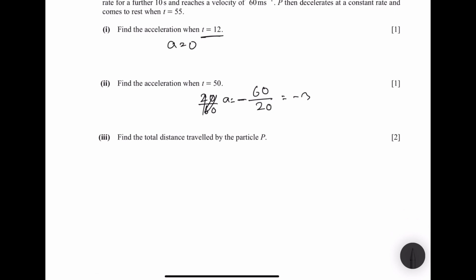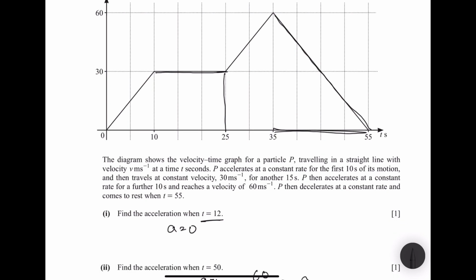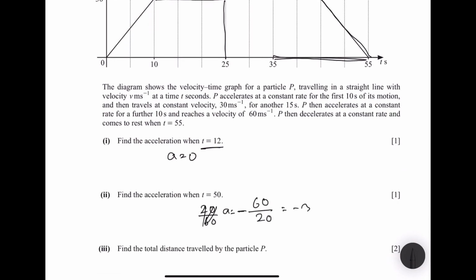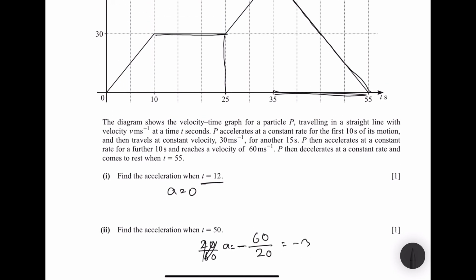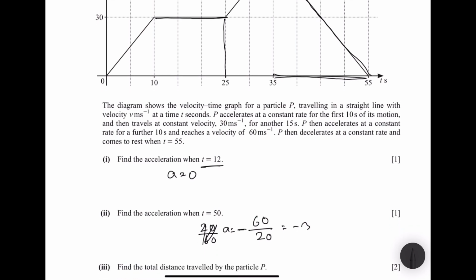Finding the total distance travelled by the particle P. That means you need to find the area of the whole thing. We can consider it as a trapezium up to that. So we can write 25 plus 15.